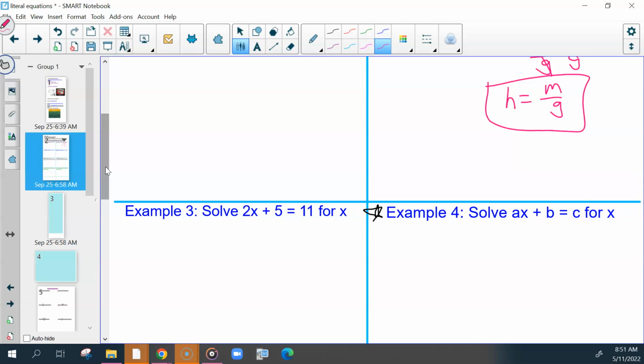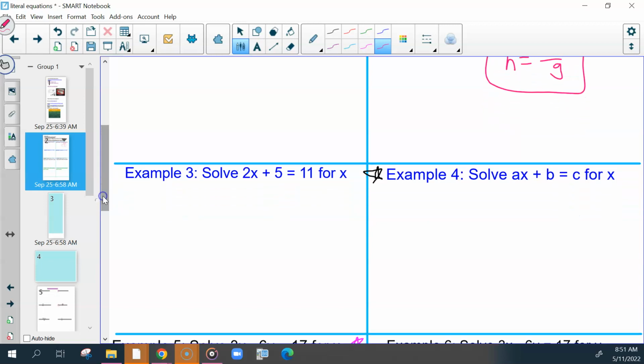If we're doing example number 4, now we have ax plus b equals c, and we're trying to solve this for x. So let's think about this one that's similar. So subtract b on both sides. Now b and c are not like terms, so we're just moving it. So we have ax equals c minus b.